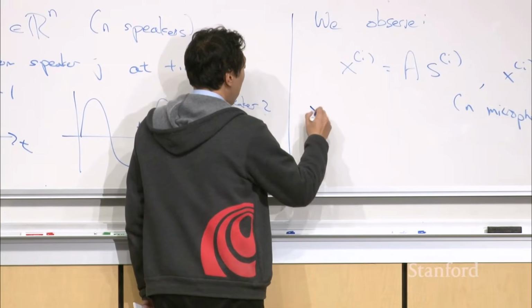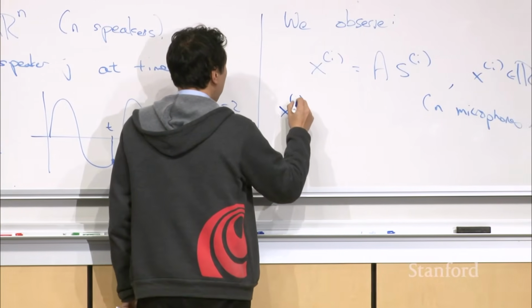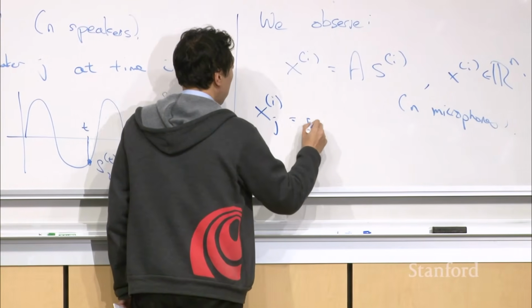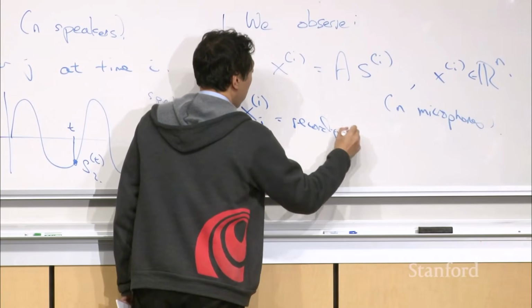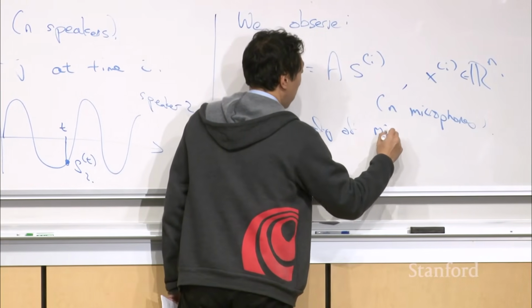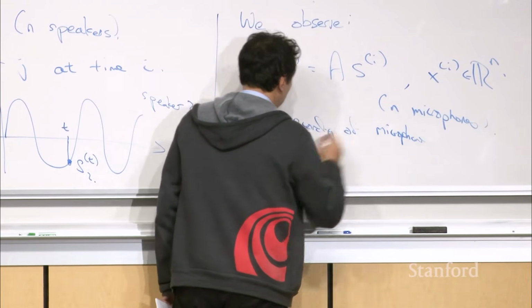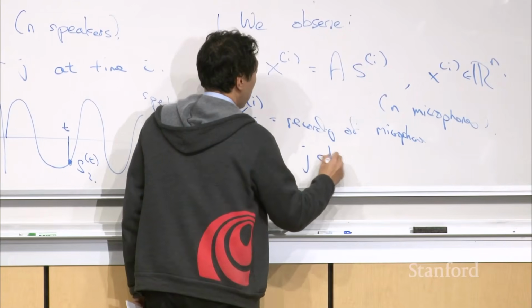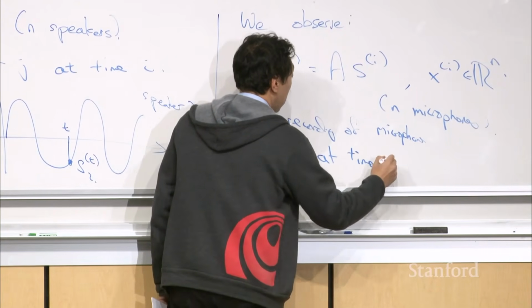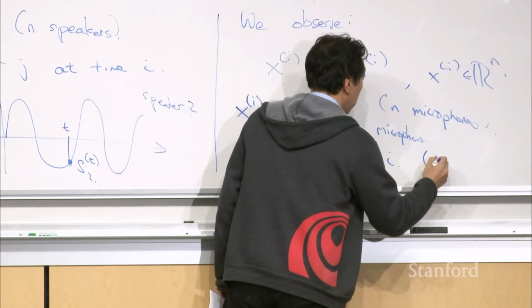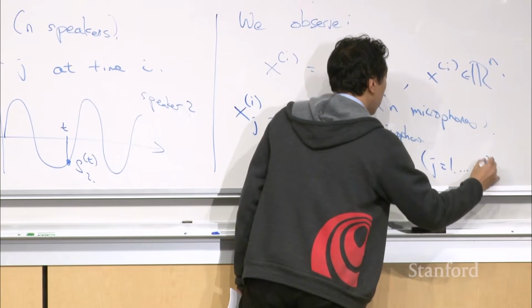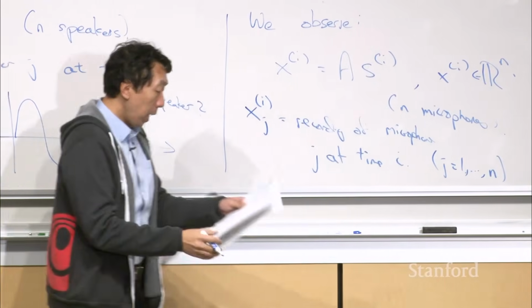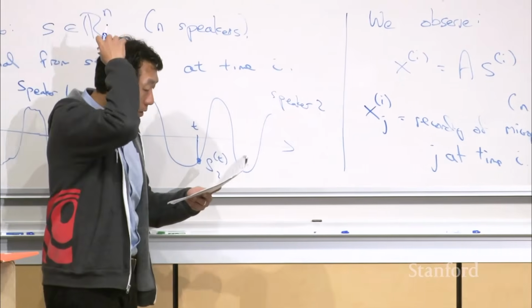And so X_ij is the recording of microphone j at time i, and so j will range from 1 through n. Okay?